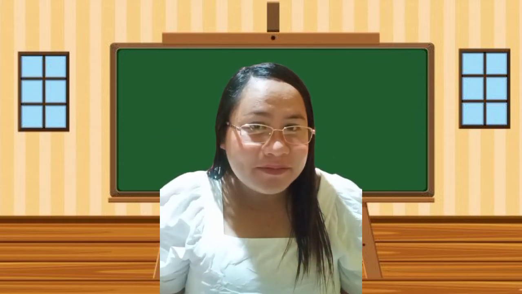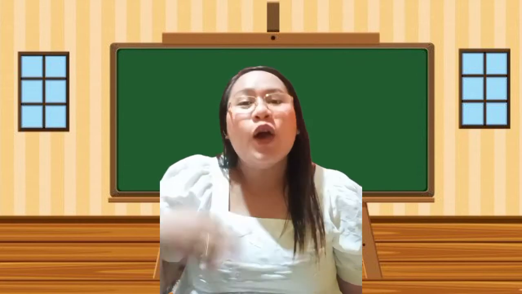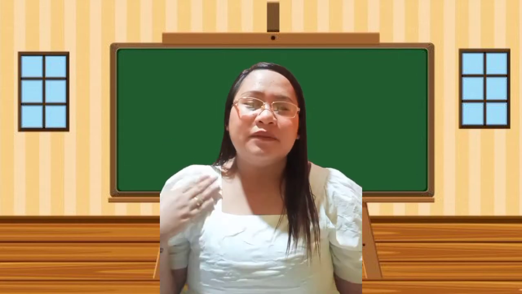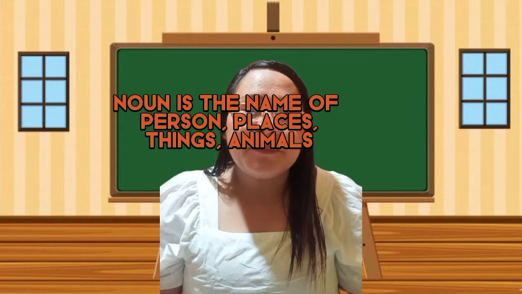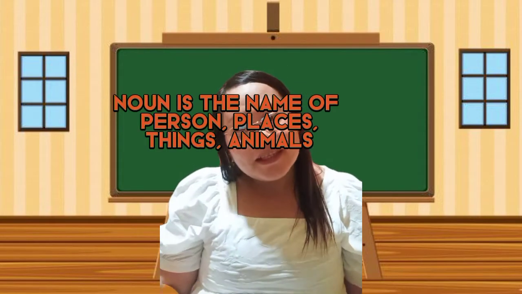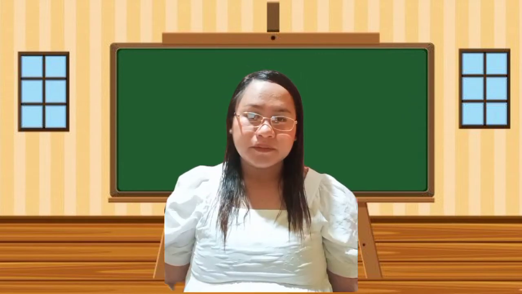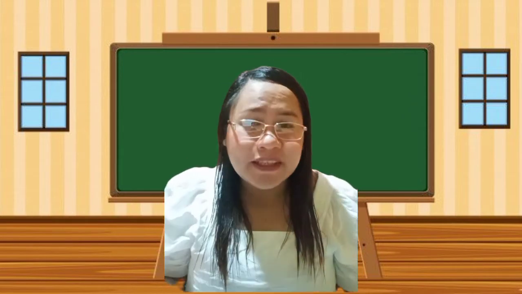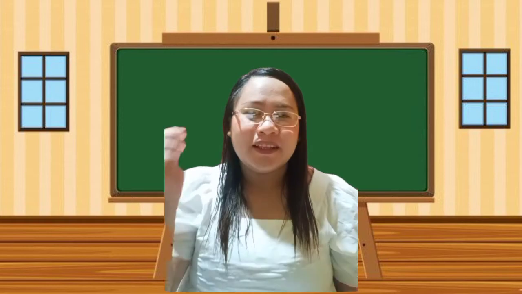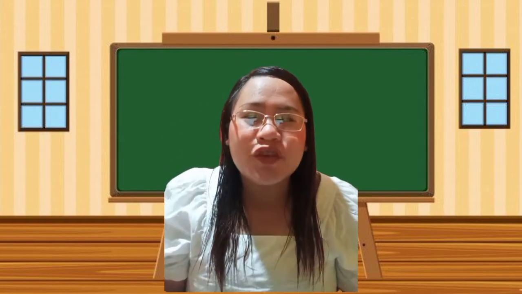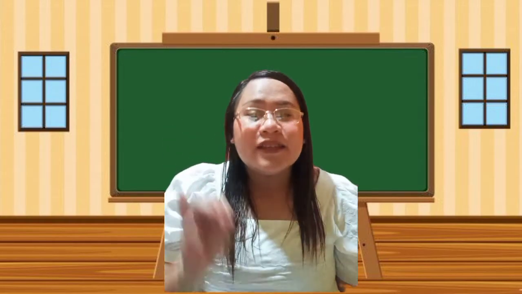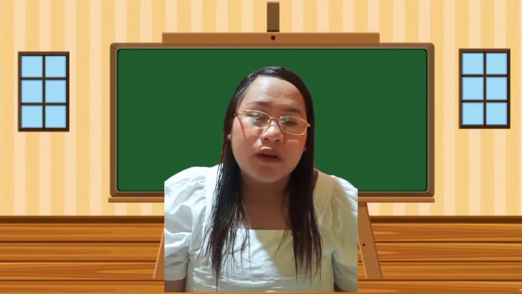Anyone? Okay, very good. Noun is the name of the person, things, places, or an animal. Can you give example of them? Okay, very good, Sheila. Kate is one example of a person.